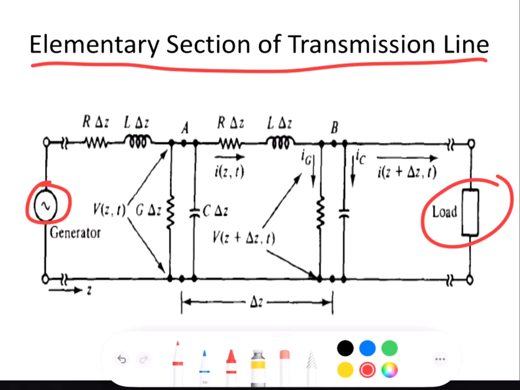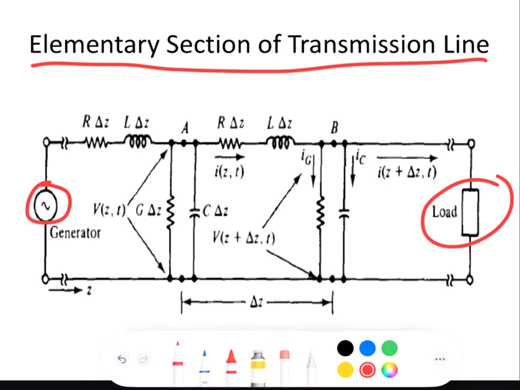And we can also analyze the impedance and admittance parameters in terms of generator and load. So at the generator we analyze the impedance, and at the load we get the admittance. Okay, so let us consider this circuitry, this transmission line.